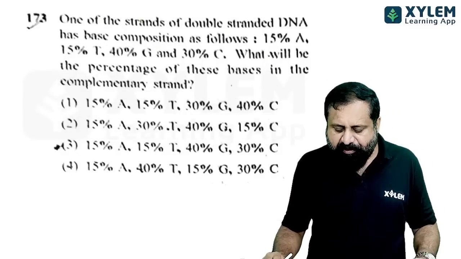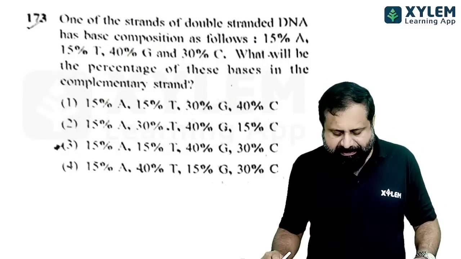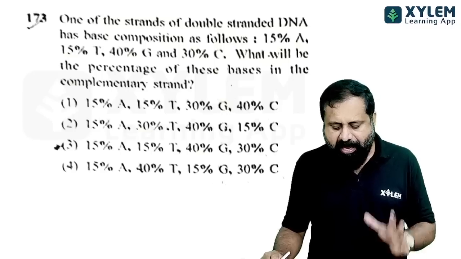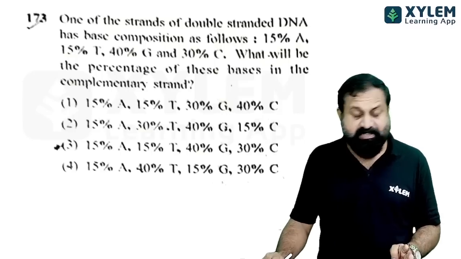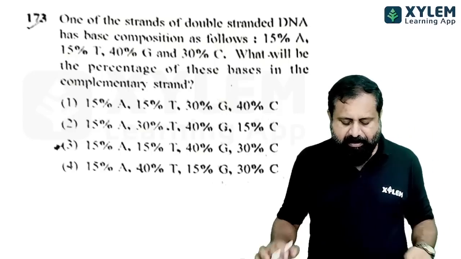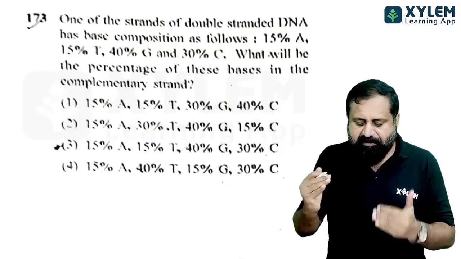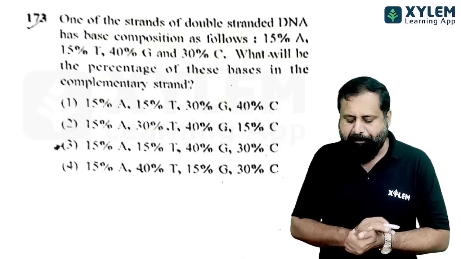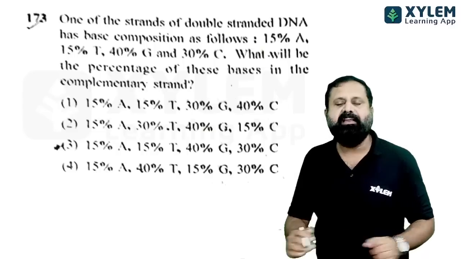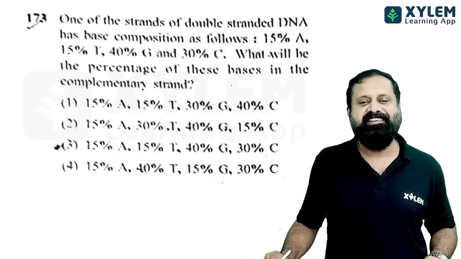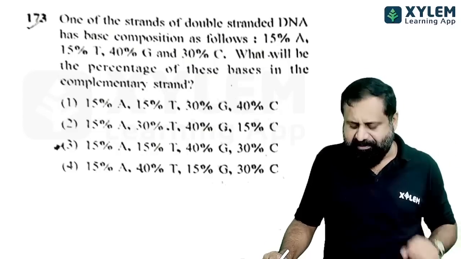One of the strands of double-stranded DNA has base composition as follows: 15% adenine, 15% thymine, 40% guanine, 30% cytosine. What will be the percentage of these bases in the complementary strand? This is a question where you just take the opposite.